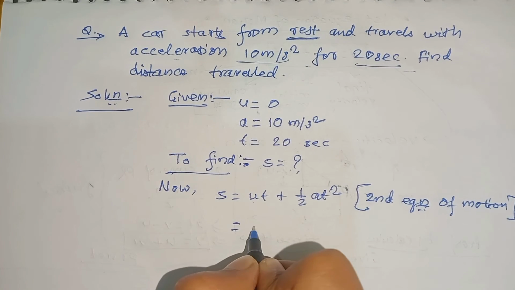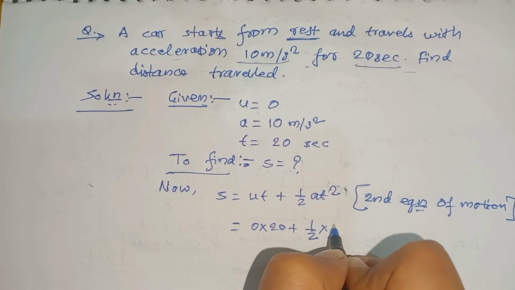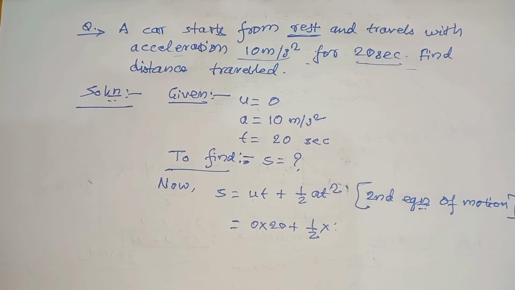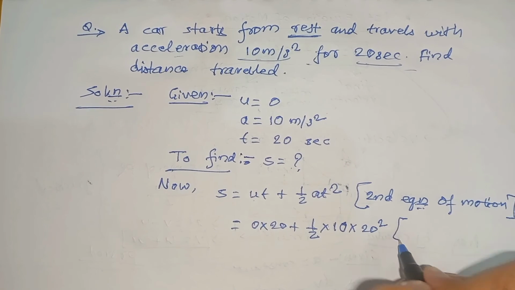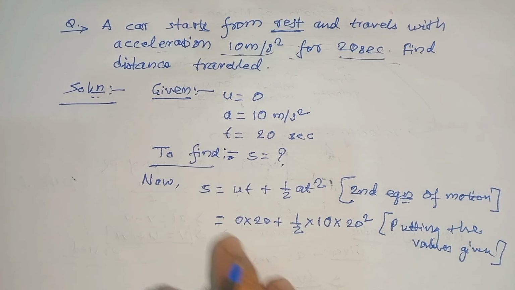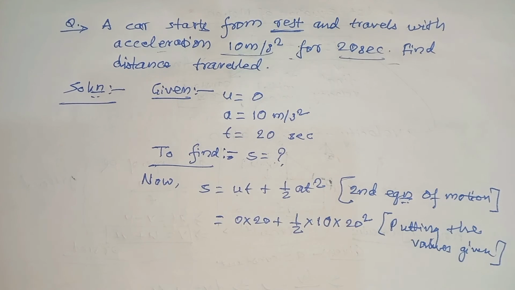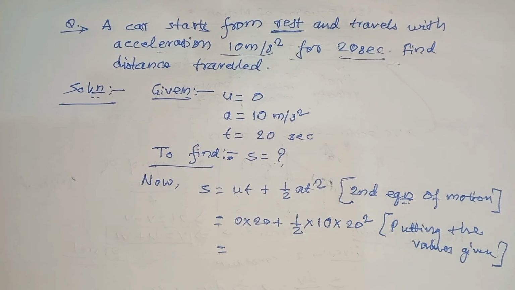Now putting the values: u is 0 into 20, plus half into acceleration 10, into time 20 square. Under bracket again we write the values given. This is the way to get 100% marks in the examination.